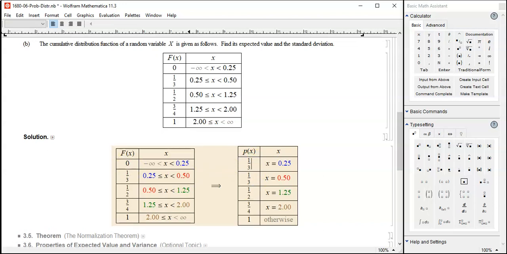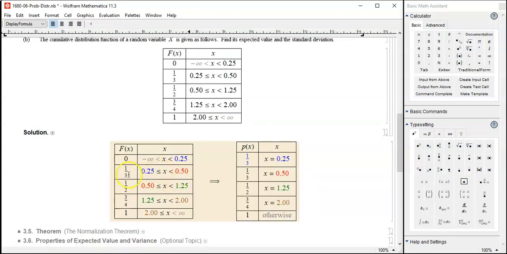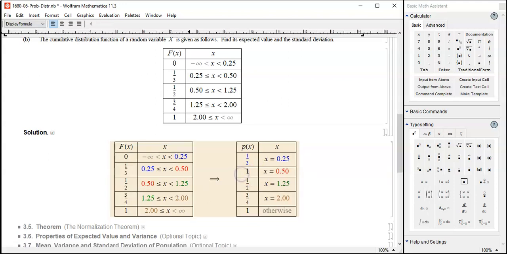So subtracting, we get the probability mass of 1/3. Next, from 1/3 to 1/2, we did this accumulation. So going backward, we have to subtract, and that is 1/6.